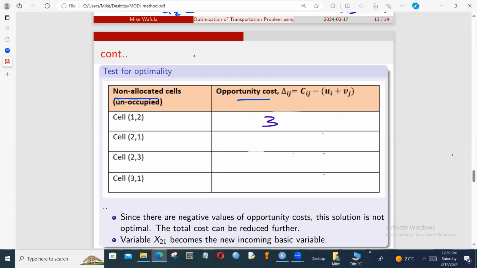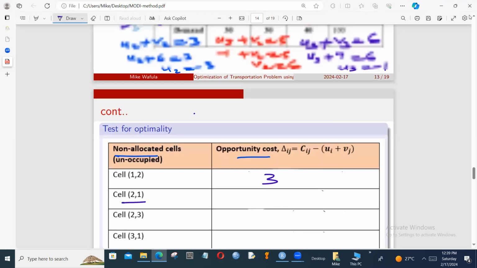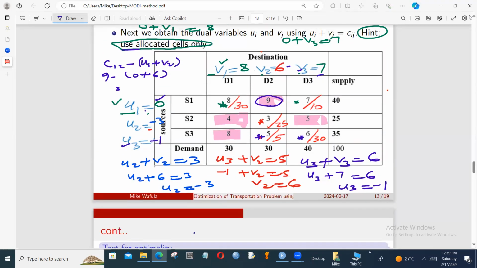Then we look at the second cell that has no allocation, cell 2-1. Cell 2-1 is actually this particular cell, where C21 should be equal to U2 plus V1. So you're talking of -3 plus 8, and you're subtracting from 4.